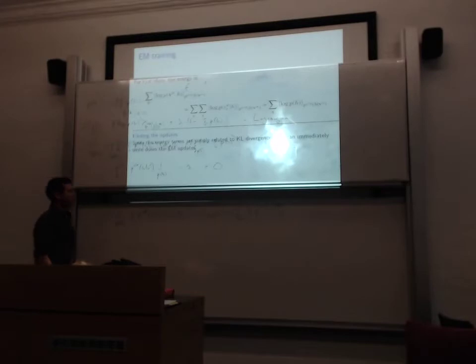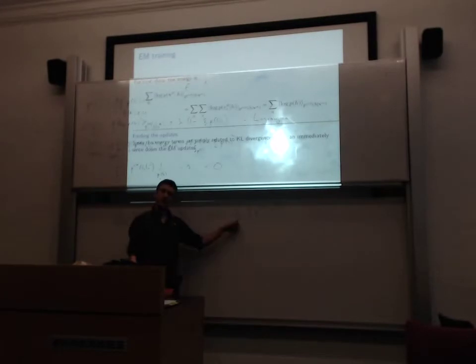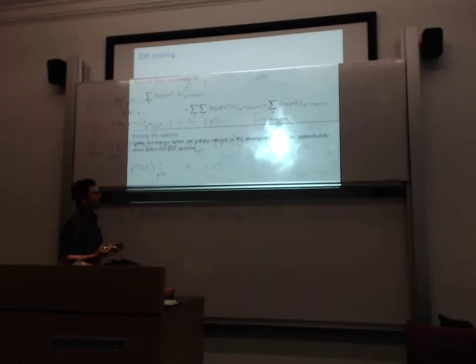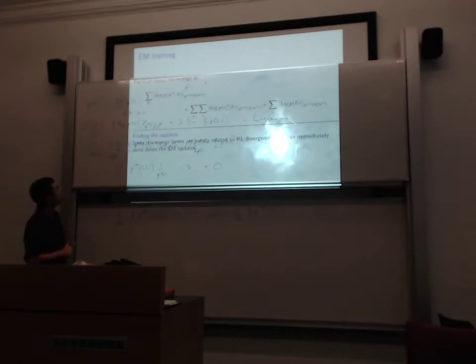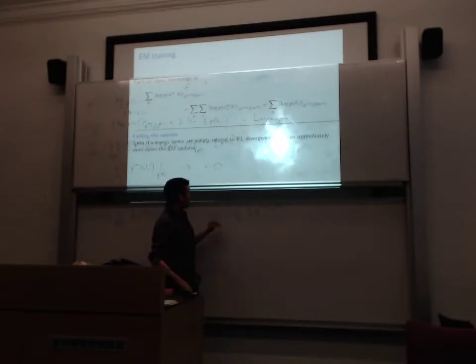Okay, so what the heck is this lambda? This is something we need to figure out. Well, don't forget that we've got these constraints back here. The sum over p of h is going to be 1, so that's the probability distribution. What that means is this lambda is just a constant, it's not a function of anything.